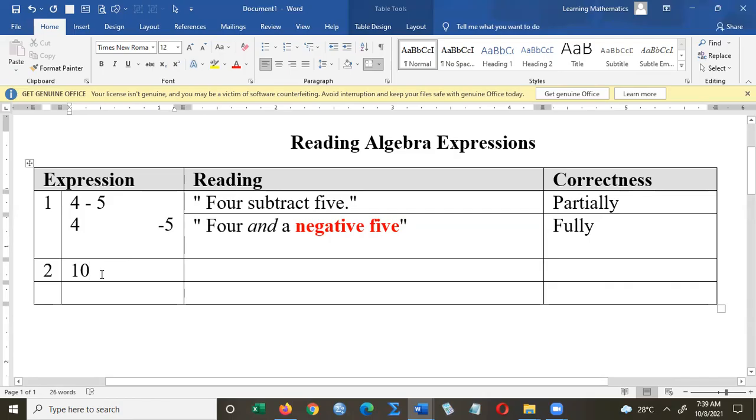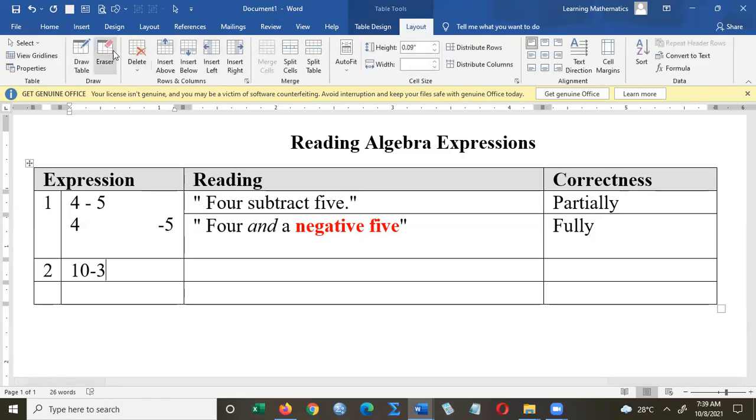Okay? So if you have a 10, for example, and you have a subtraction sign, and you have a 3, equal distance, as it is written, between the 10 and the 3, the negative sign in the middle. But if a separation has to be done, if you want to manipulate the expression so you can have control over it, analyzing it, you might say 10 minus 3, because that's another word for that line there.